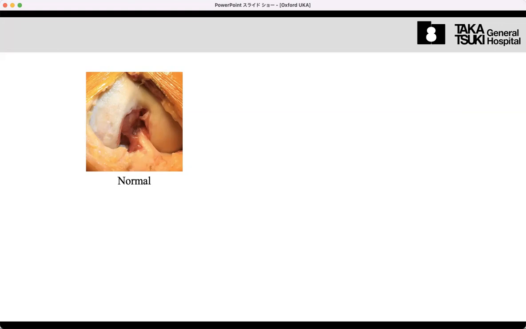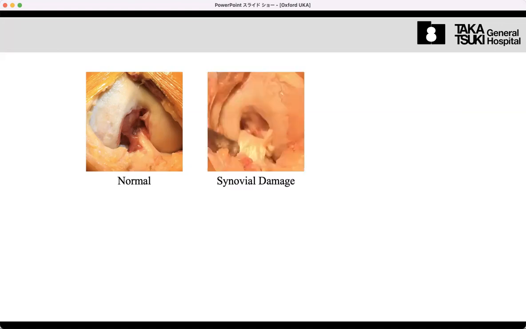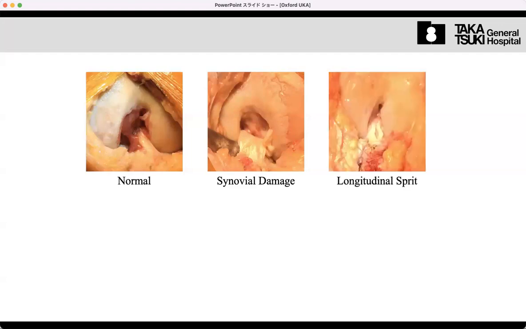But in the initial stage of ACL damage, first of all, the synovium surrounding the ACL fiber can be damaged, mainly due to the osteophytes, maybe here, this area, the lateral wall or the intercondylar notch. So at first only the synovium is damaged, then gradually the main fiber of the ACL is damaged and worn in some part of the fibers, and the fibers can spread.